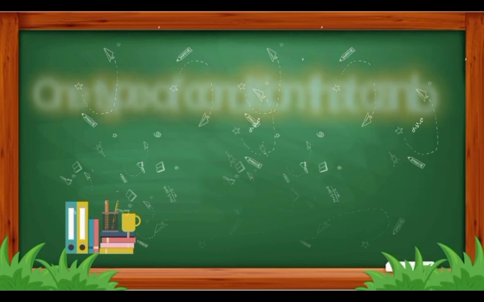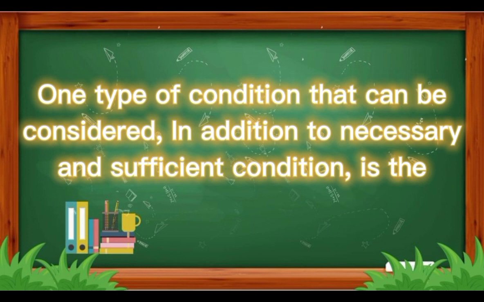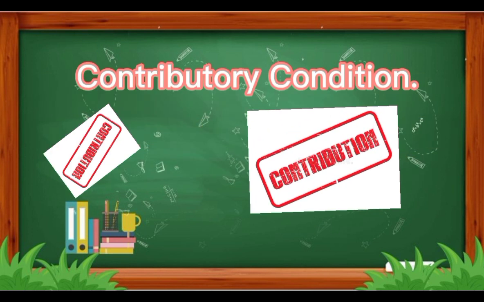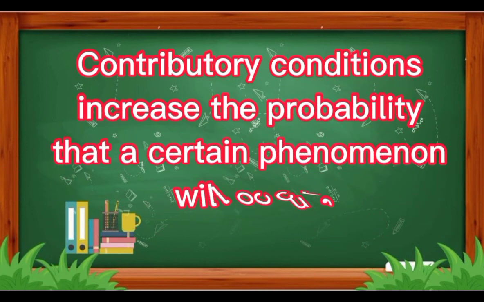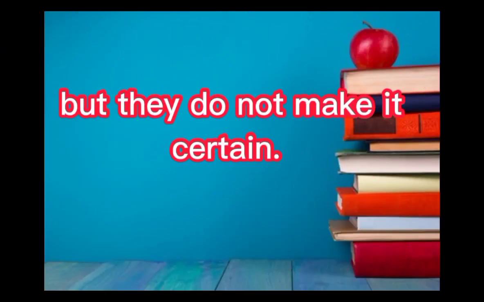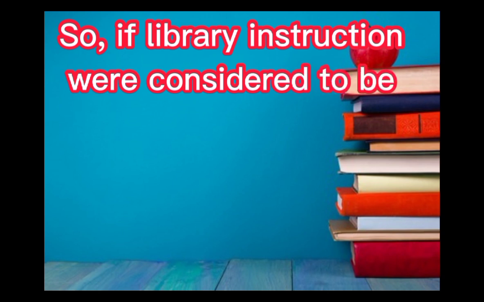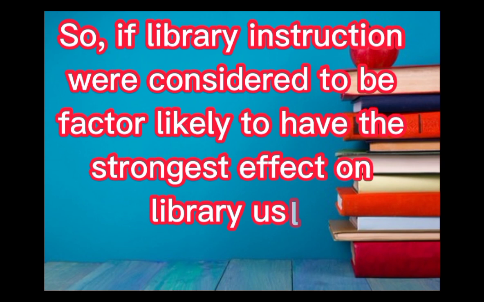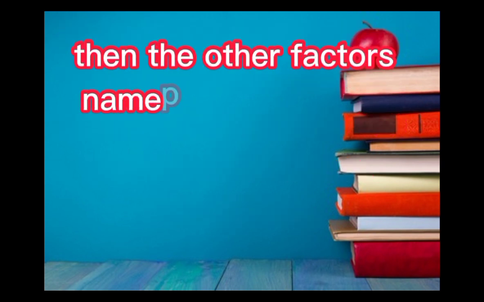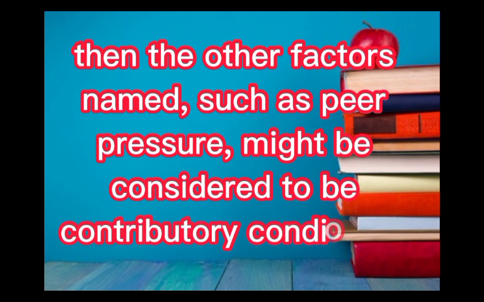One type of condition that can be considered, in addition to necessary and sufficient condition, is the contributory condition. Contributory conditions increase the probability that a certain phenomenon will occur, but they do not make it certain. So, if library instruction were considered to be the factor likely to have the strongest effect on library use, then other factors named, such as peer pressure, might be considered to be contributory conditions.